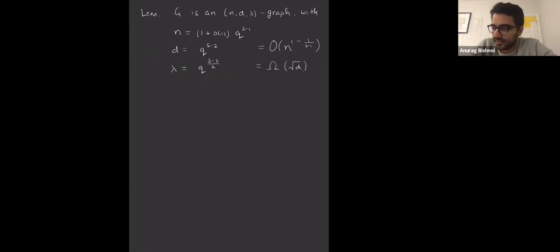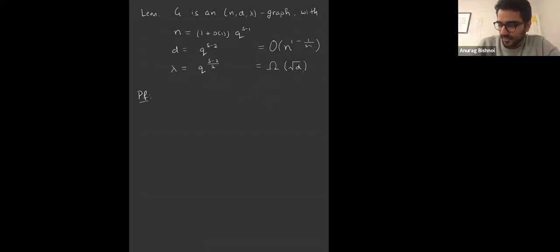You can check that here, d is n to the 1 minus 1 over s minus 1. So this will imply f of s plus 1 equals s minus 1, which implies f of s equals s minus 2. All right, that's what we want to prove. And this is the result of Alon and Krivelevich, basically. So let's try to prove that.